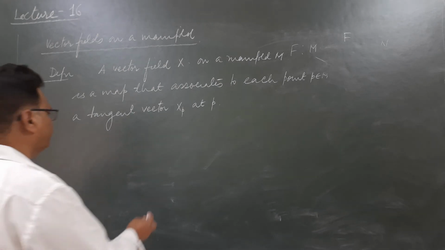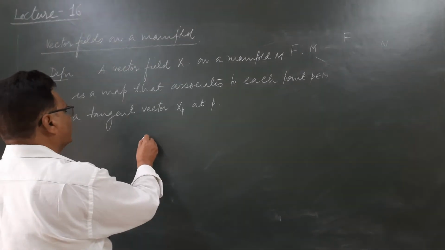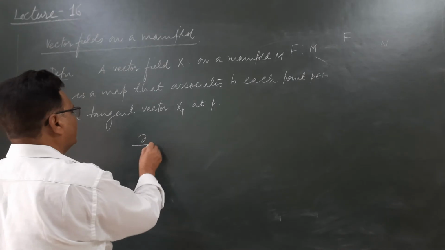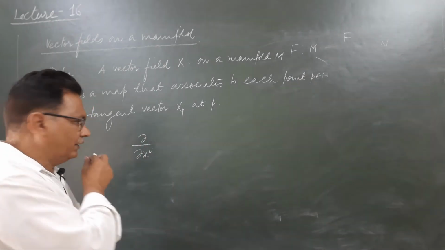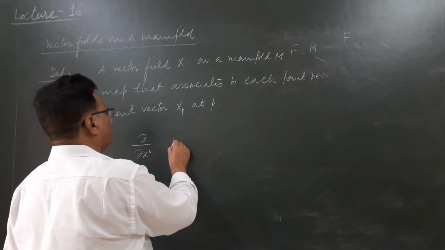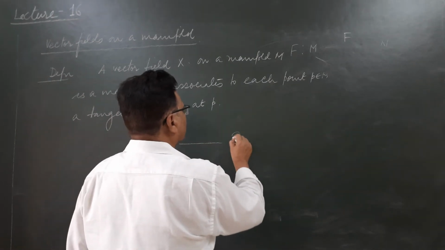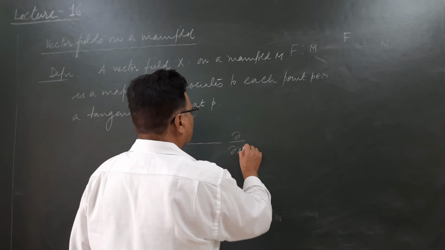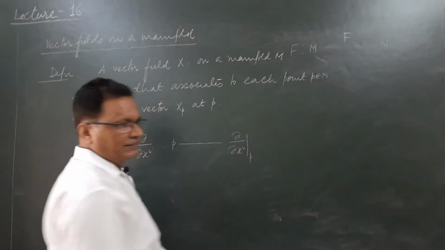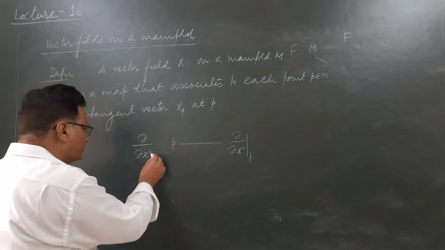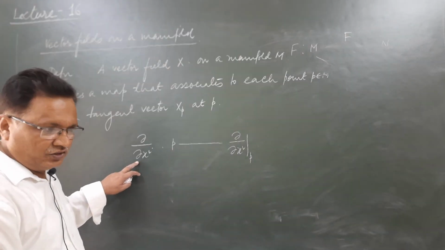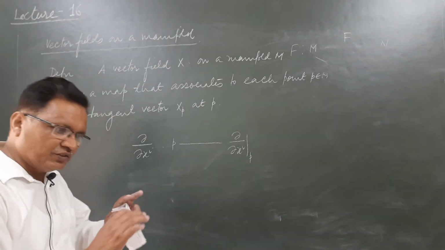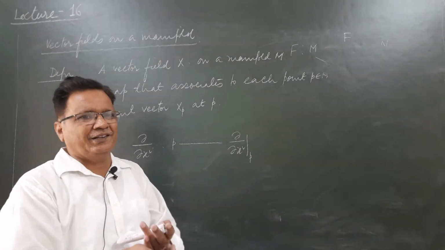Now look at del upon del xi, the ith coordinate. What it does is, to every point P it associates del upon del xi at P. This becomes a tangent vector, and therefore this object without the point P is the vector field. So this is a vector field which works only on a coordinate neighborhood.